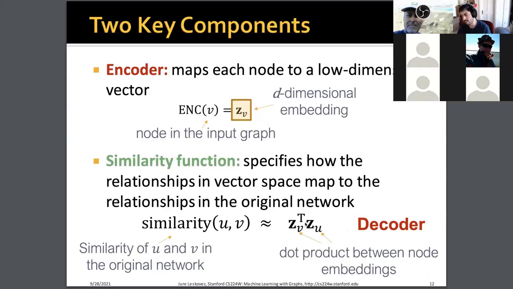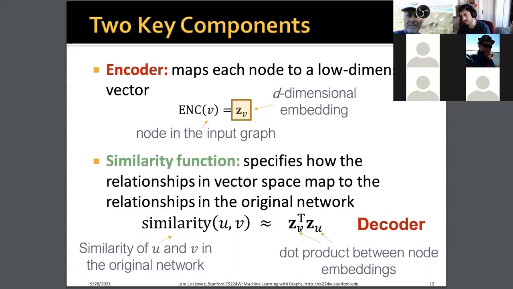The way a lot of people choose to do this is with the cosine similarity that you can get from taking the dot product of these. You dot product ZV with ZU, and that will return you some similarity score. That's the function of the decoder.